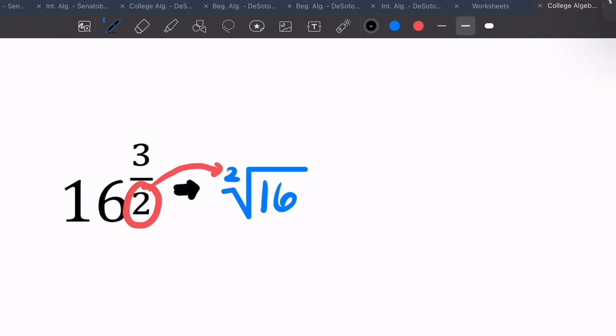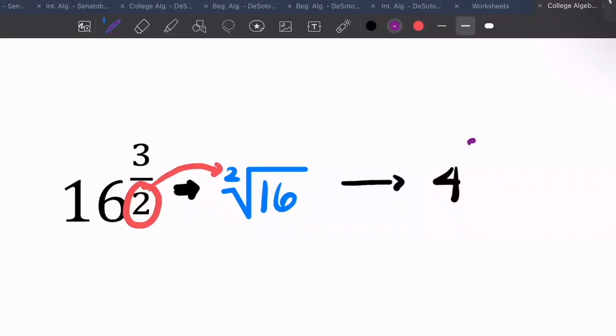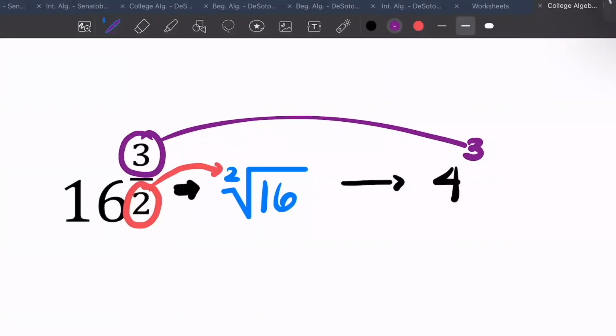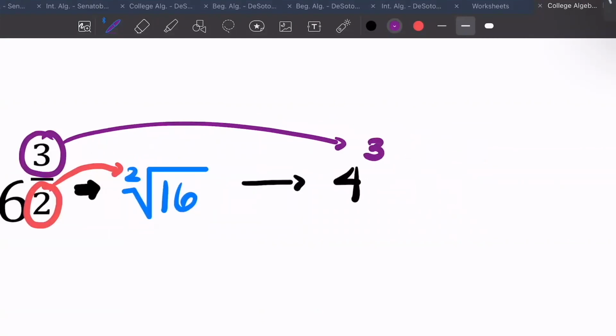The square root of 16 gives us 4. And then we need to raise it to the numerator that we're given. So we're going to raise it to 3 because we were given 3 on top. We need to raise 4 to the 3rd power. That gives us 64.